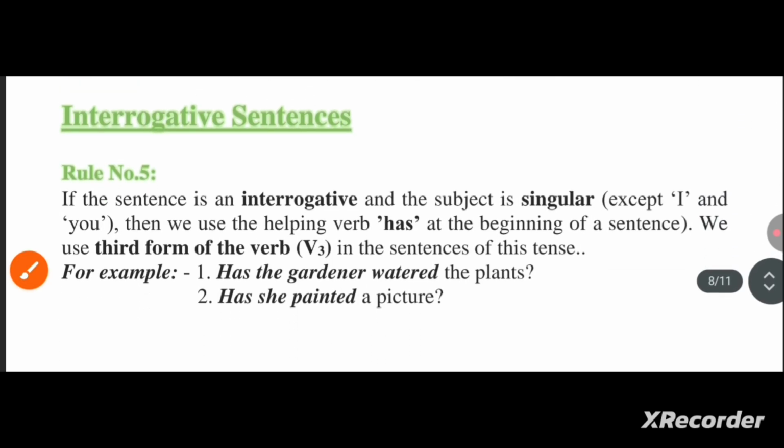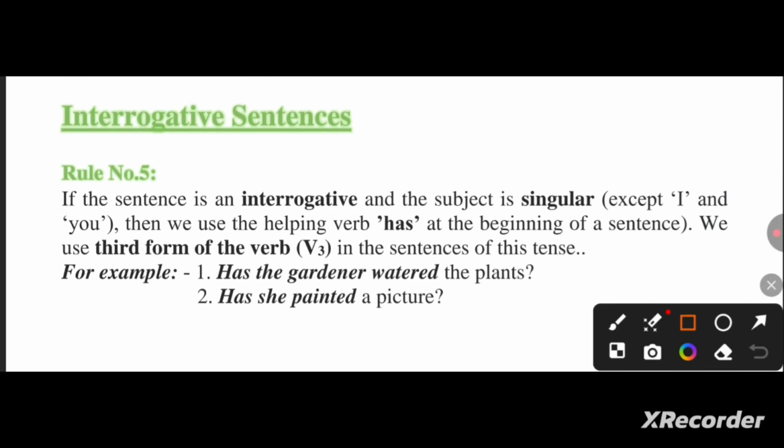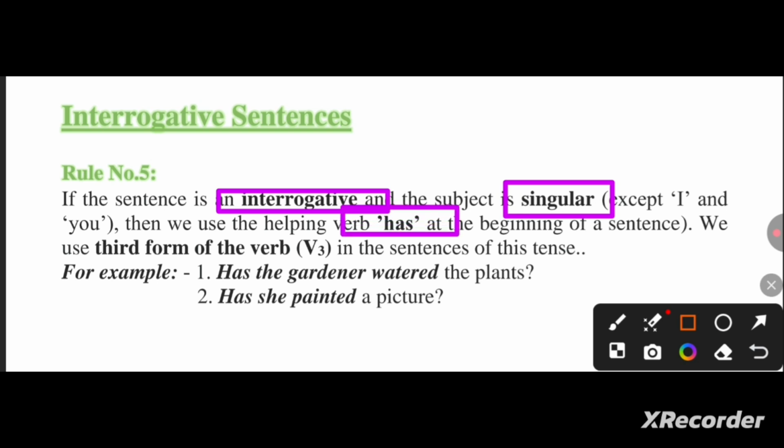Now, if the sentence is an interrogative one and the subject is singular except I and you, then we have to use the helping verb has at the beginning of a sentence.